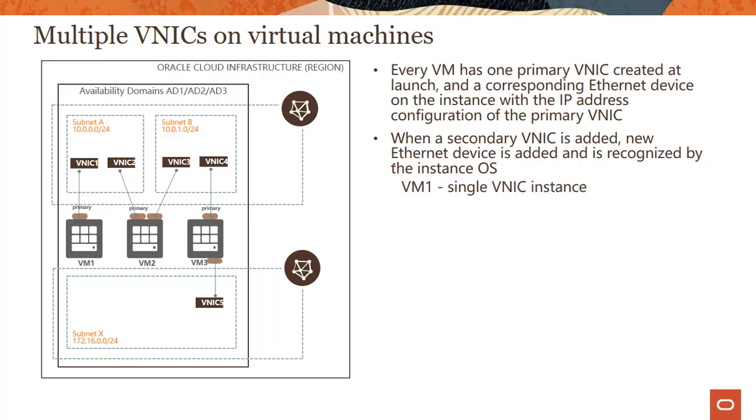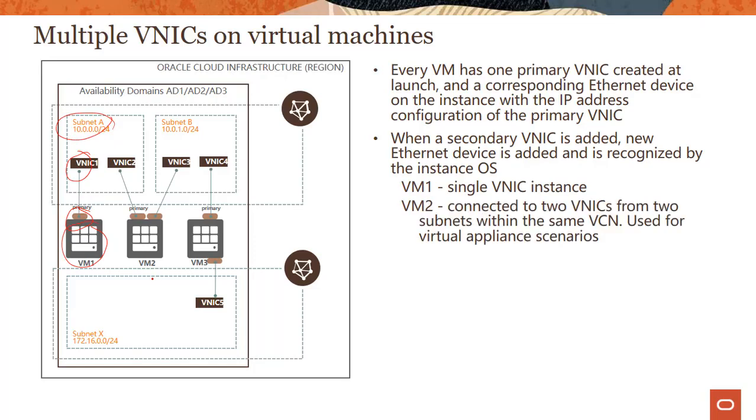As you can see in this graphic, VM1 has only a single VNIC, just a primary VNIC, and VNIC 1 lives in subnet A. Now VM2 has two VNICs: VNIC 2 here and VNIC 3 here. The interesting thing is that the two VNICs are in two different subnets within the same VCN.